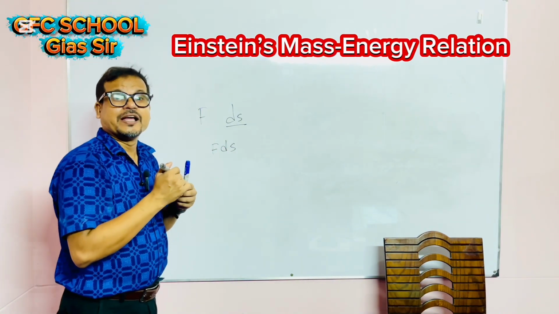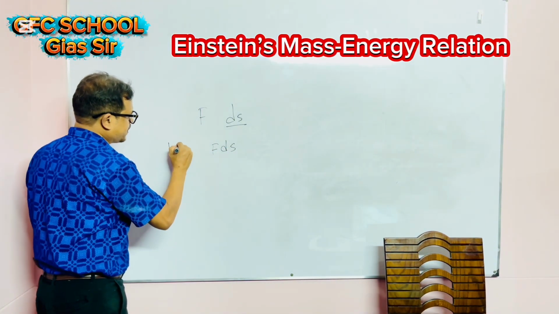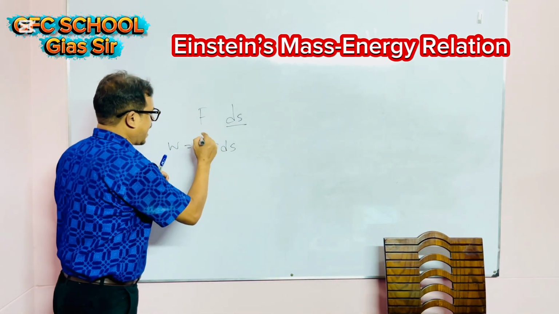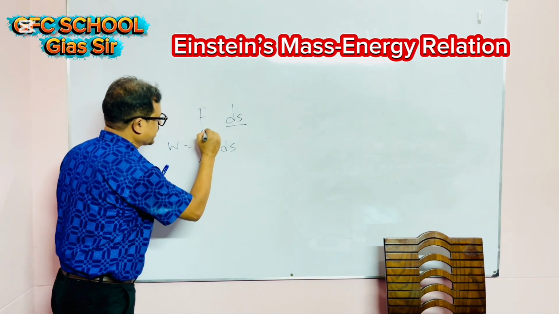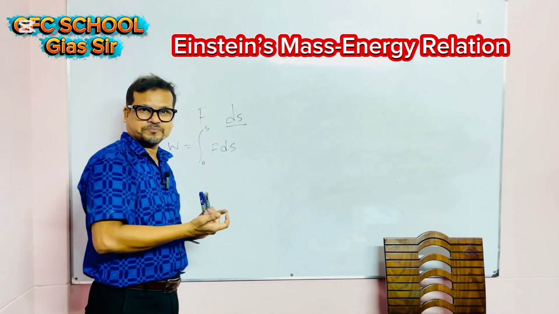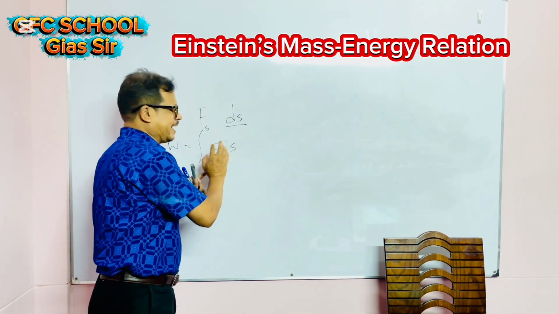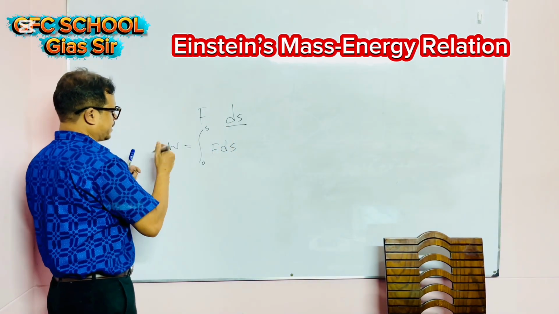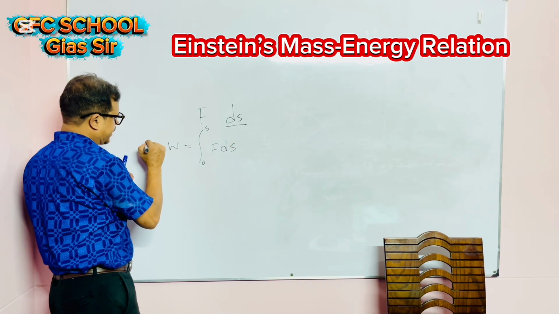This is actually work done, and work done means difference of kinetic energy. This is the kinetic energy, and the limit is 0 to s, because here distance or displacement is F ds. We've got this formula, and we can say kinetic energy.